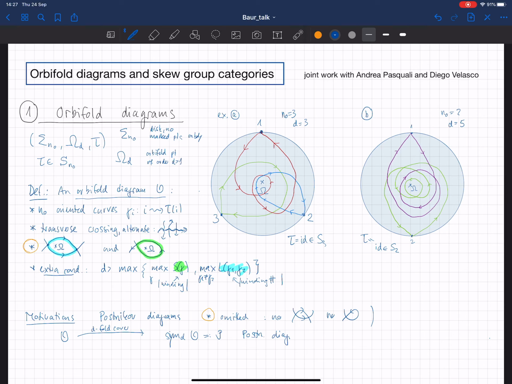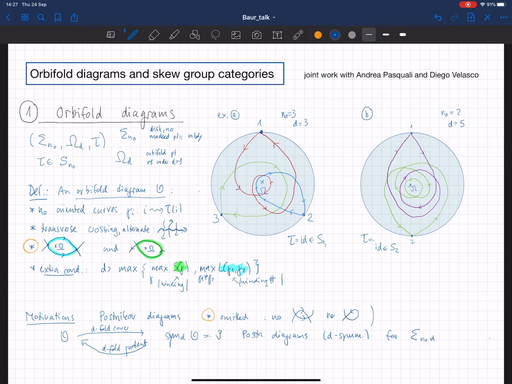So it means that these forbidden sub pictures will vanish. It's d-symmetric for a disk with n0 times d vertices. Now, if I start with such a rotationally symmetric Postnikov diagram, I can also go back and take the d-fold quotient. And this works nicely if you assume that d is at least 3.